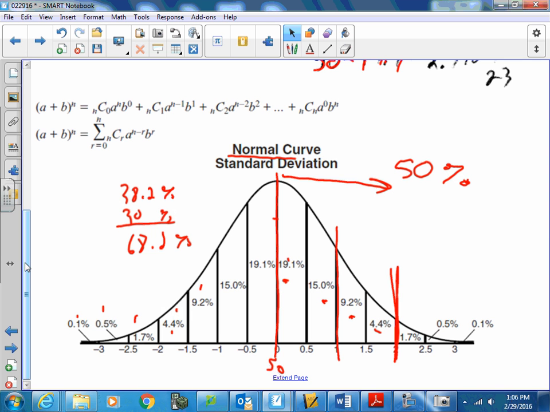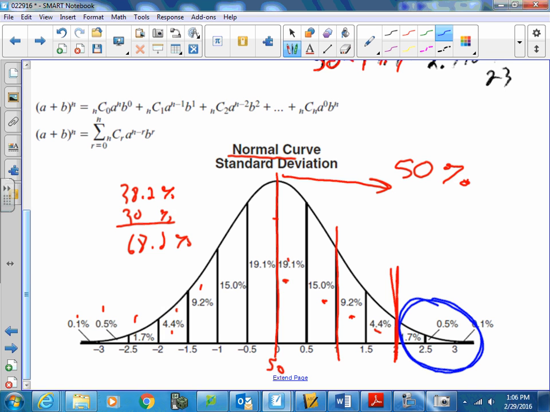So I do 19.1 plus 15 plus 9.2 plus 4.4 is equal to 47.7. That means that whoever got a 60, according to all this data, had to have fallen in that area. And that is 2.3%.